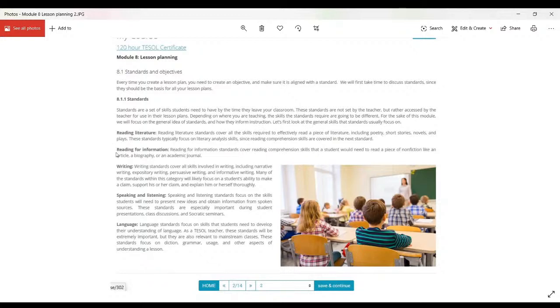Okay, so here are the general skills. There are 5. First is reading literature. Next is reading for information, writing, speaking and listening, and also language. This is really very important for us as TESOL teachers. Okay, save and continue.